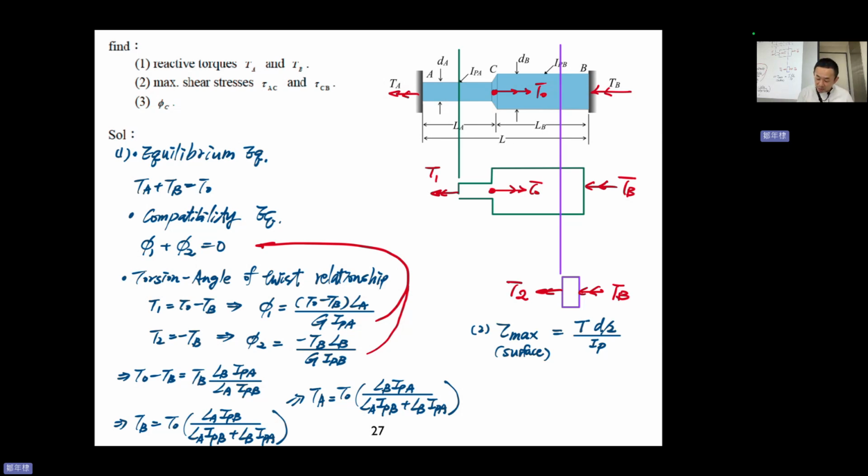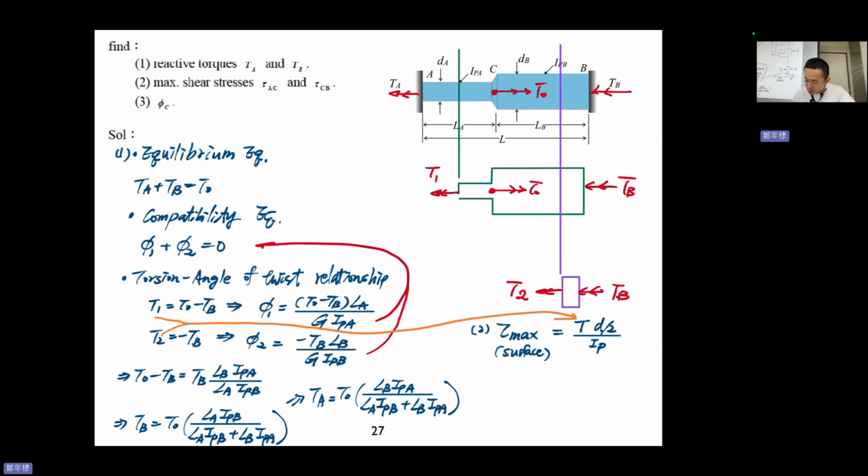But I believe you know the T here needs to be substituted with T1 and T2 respectively. Of course, for tau AC we substitute T1, and tau CB is for the second section, so T2 is substituted for T. For half D, this is half DA for section 1.